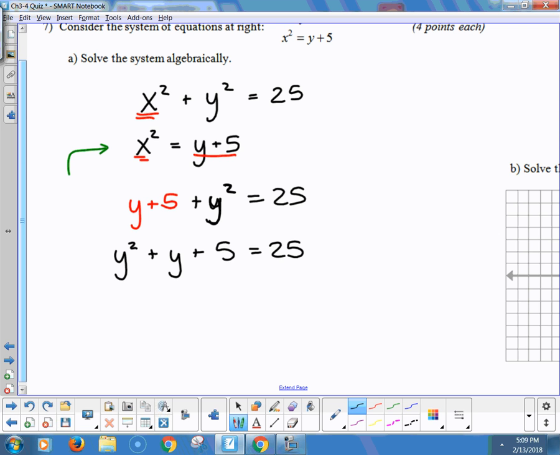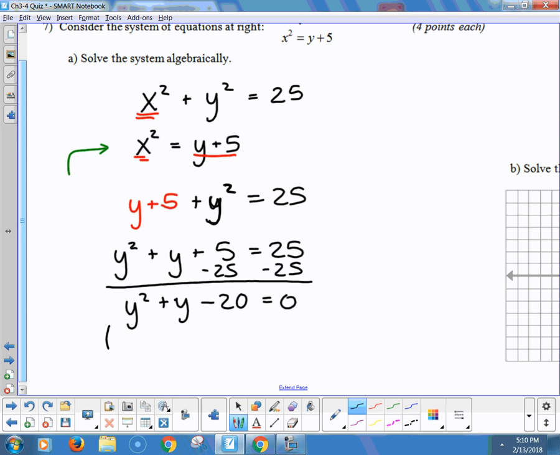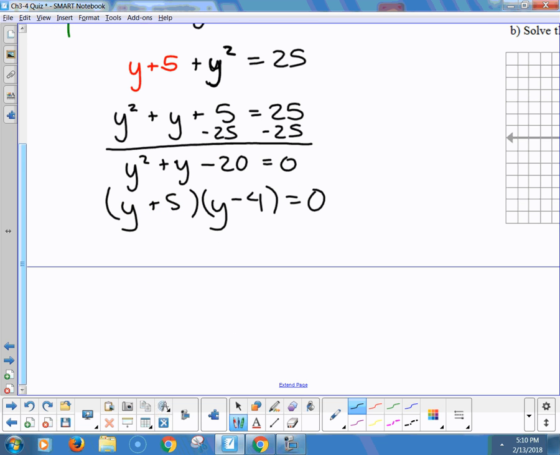So if I subtract 25, we get y squared plus y minus 20 equals 0. We factor, we get y plus 5 and y minus 4. So my solutions are y must equal negative 5 or y could equal positive 4.